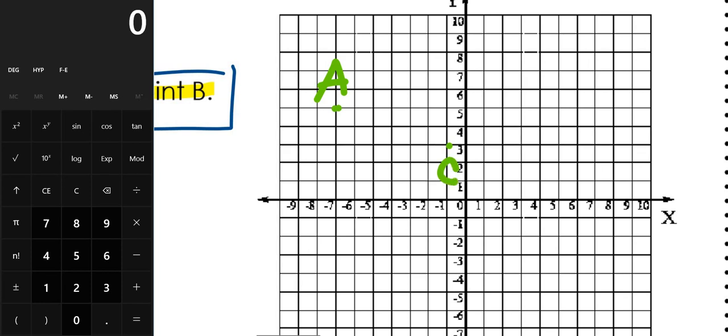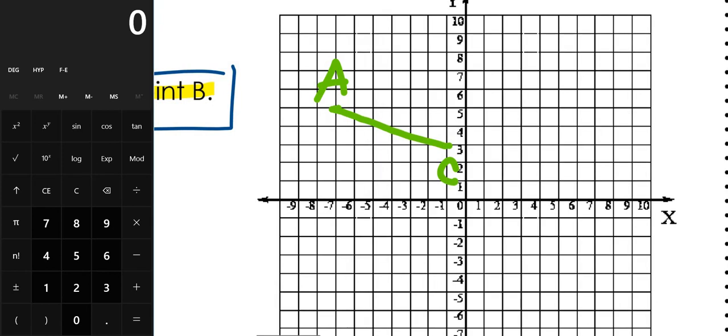We talked before about how AC, which is this side length, is congruent or equal in length to AB. So I don't know where AB is, but it should be the same length. Like maybe B is over here, maybe B is over here. I don't know where B is. I just need to make sure that it's the same length as AC. Let me fix this up a little bit.